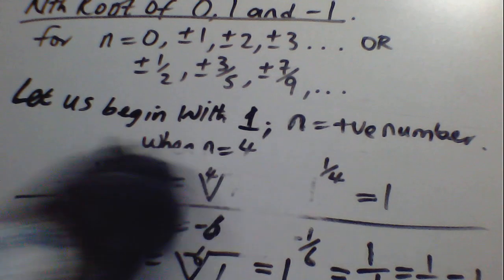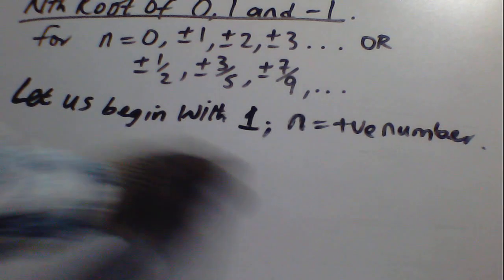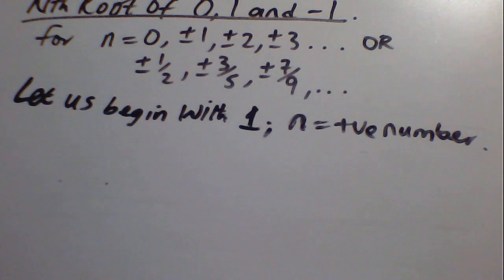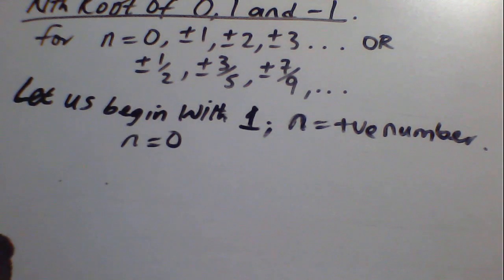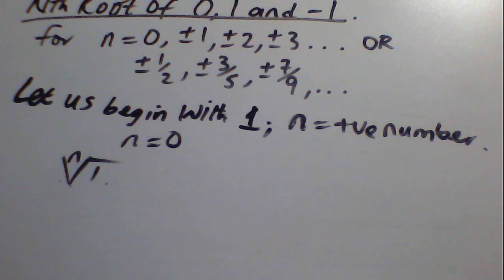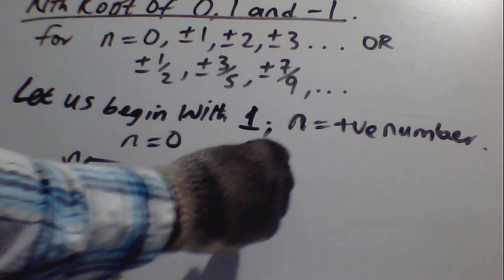So I can clear here. In general, for 1, when n is equal to 0, the result is indeterminate.